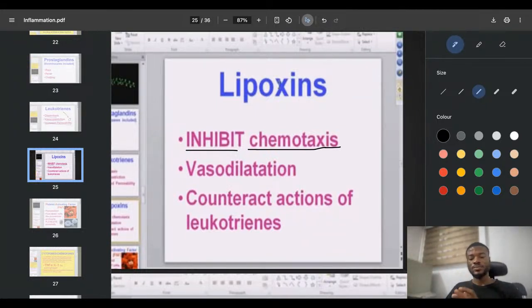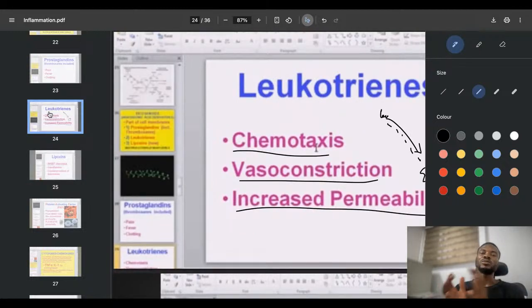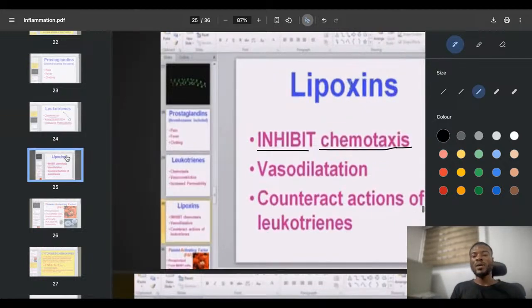Please do understand. Because if the inflammatory response is ongoing and there need to be more neutrophils to go and clear the agent of the insult, and as the body is producing the leukotrienes, another part of the body is producing the lipoxins, you see that their effect is going to what? Cancel out.